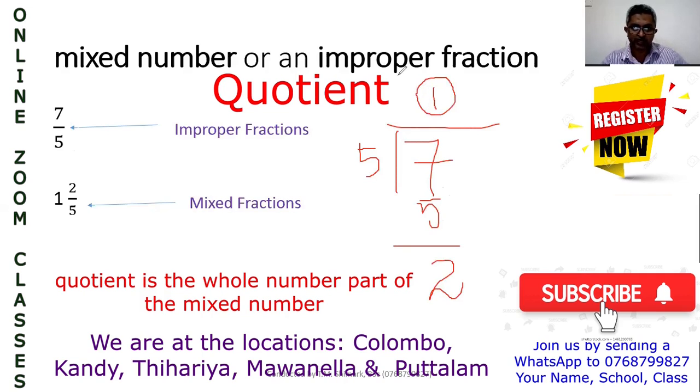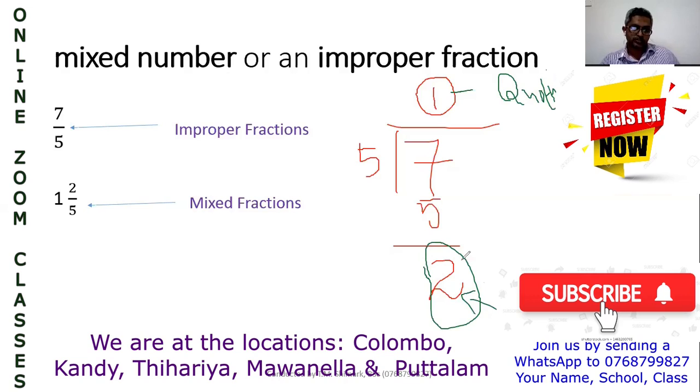Correct. These things you might have learned. This we call the quotient, and this is the remainder, the remaining thing.